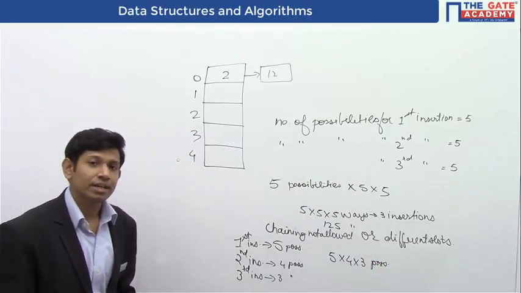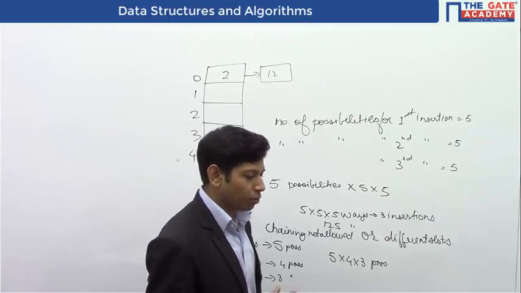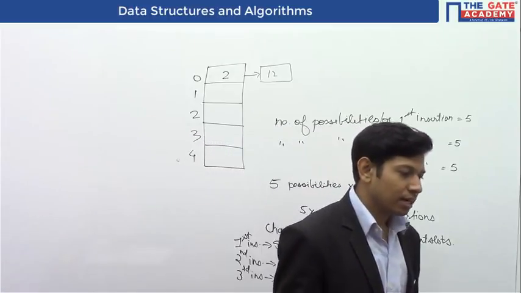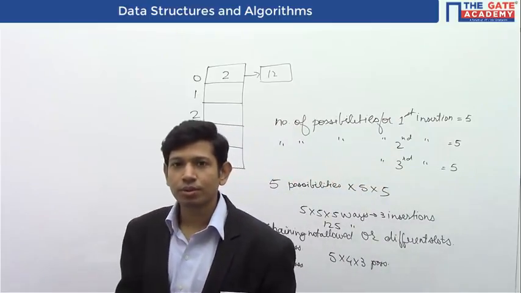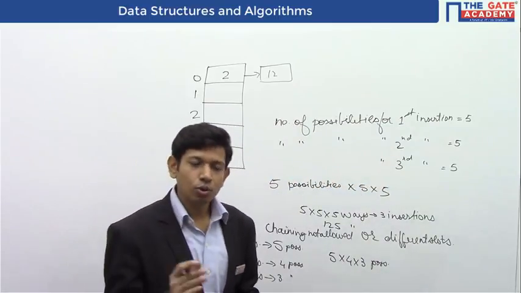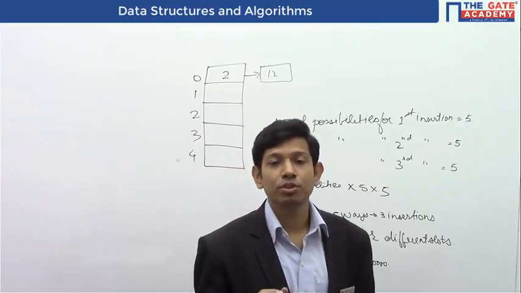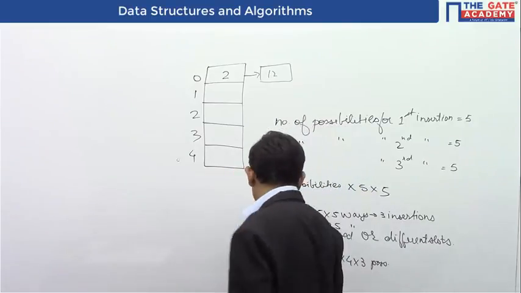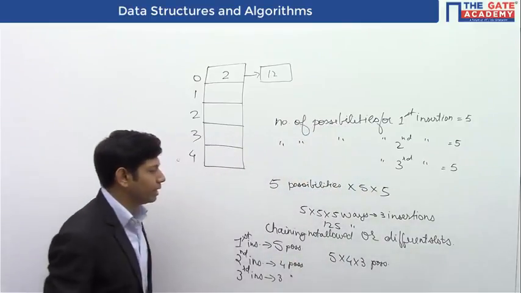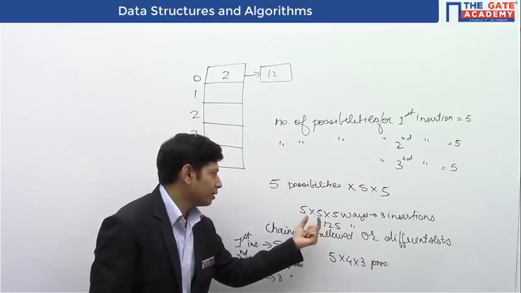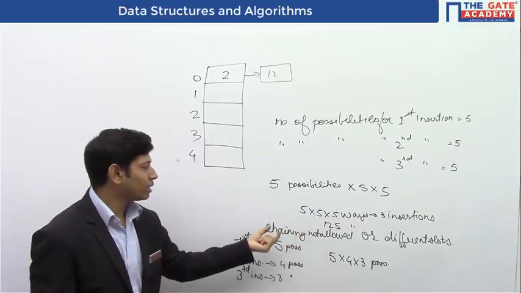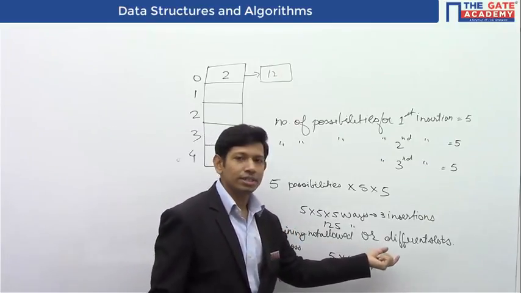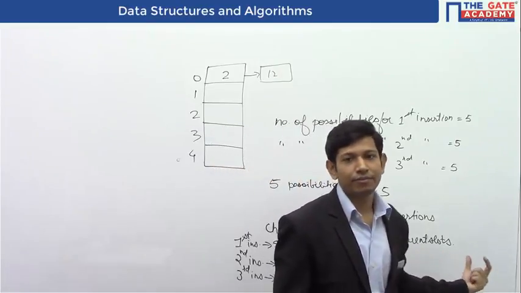Now in the question they are asking, what is the probability that after performing 3 insertions, 2 keys hash to the same slot. We have seen the possibilities that all 3 insertions happen in the same slot, and the possibilities that all 3 insertions happen in different slots.